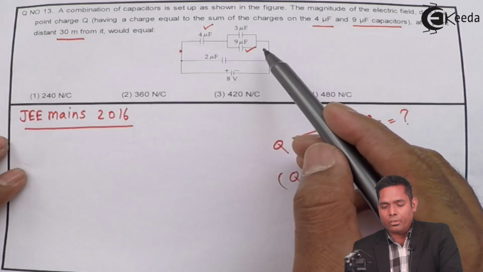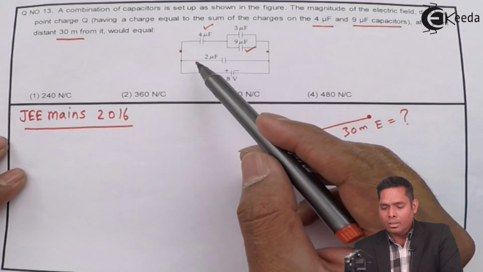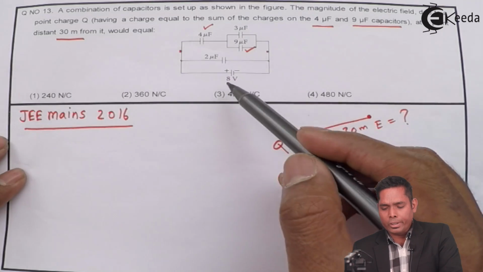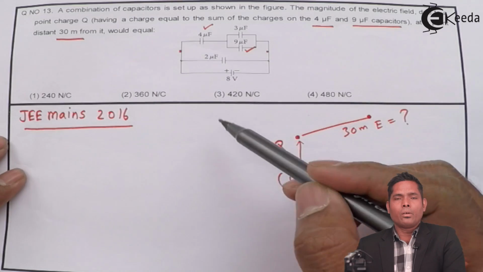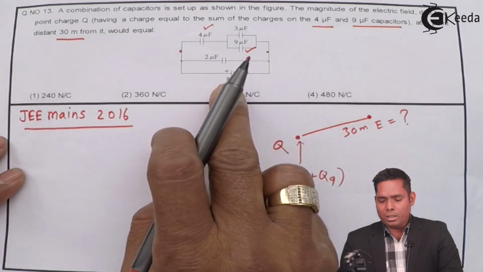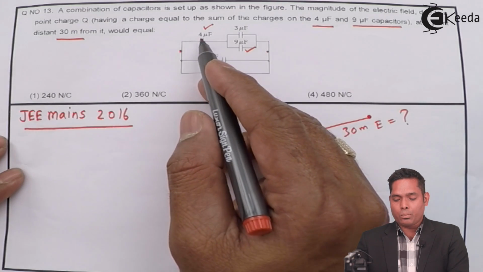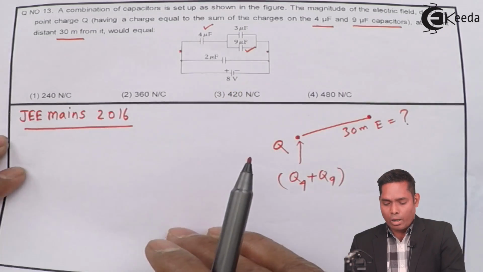So what we will do is, we will draw this diagram and then connect it to a potential difference of 8 volt and see how much charge will be stored in the 4 microfarad and 9 microfarad capacitors. So I'll draw that.